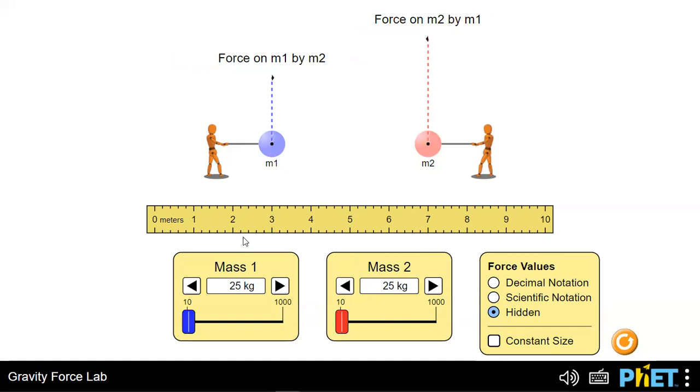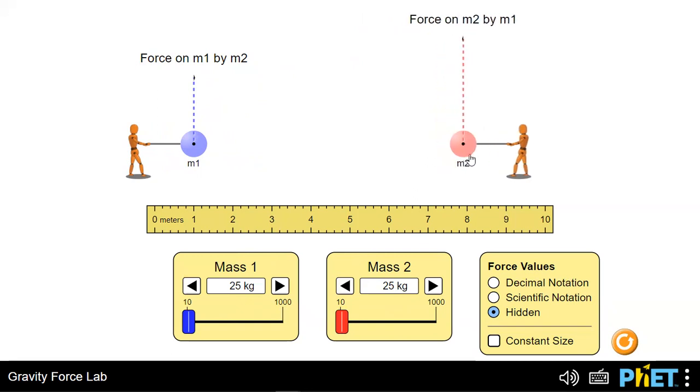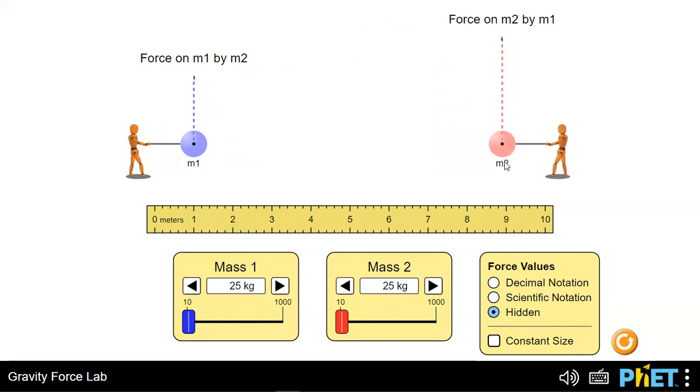Okay. So let's have now setup 2. Here we have the same amount of mass at 25 kilograms for both masses. And we are going to change the location from 3 for mass 1 to 1 meter, while we are going to change the position of M2 from 7 to 9.